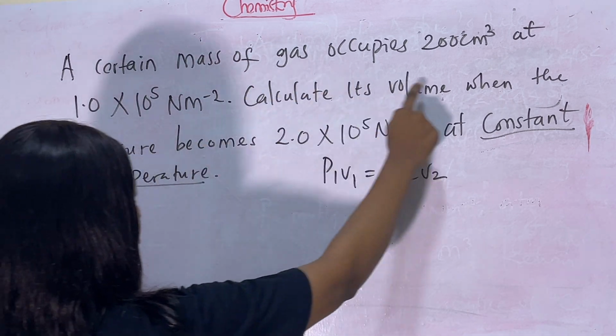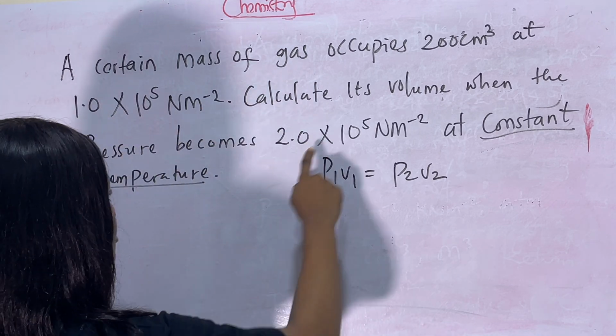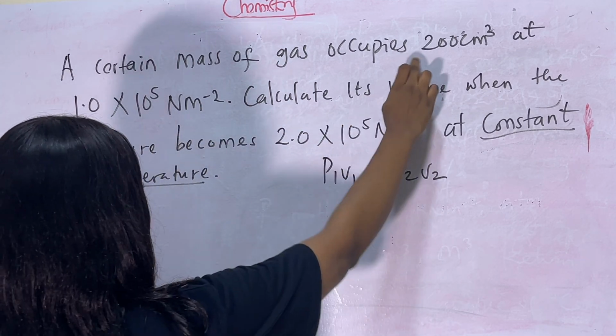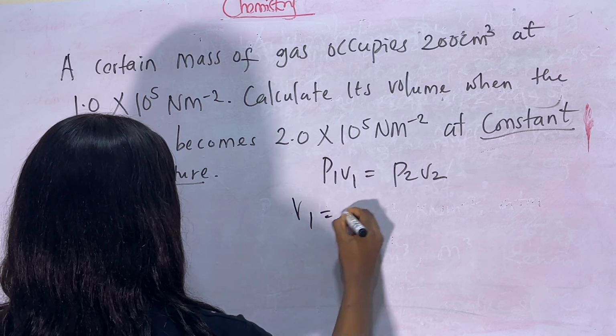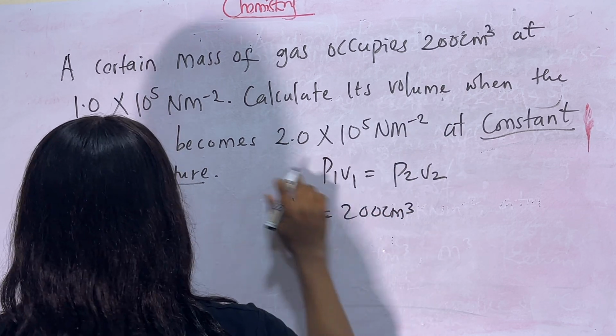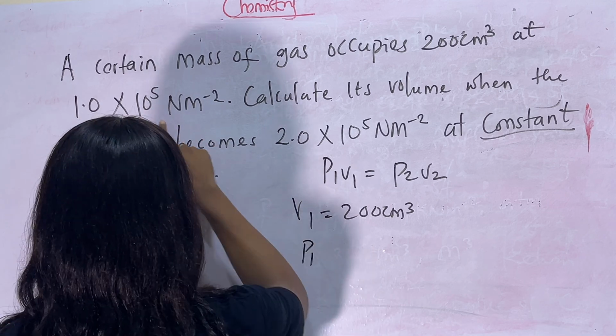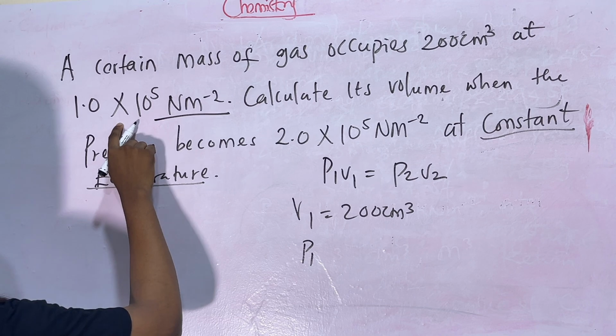If you look at the question, you have 200 cm³, and the question is asking you to calculate volume. So meaning that I have my first volume V1 as 200 cm³. I have my P1 as, what's the unit? Newton per meter square. So this becomes pressure.